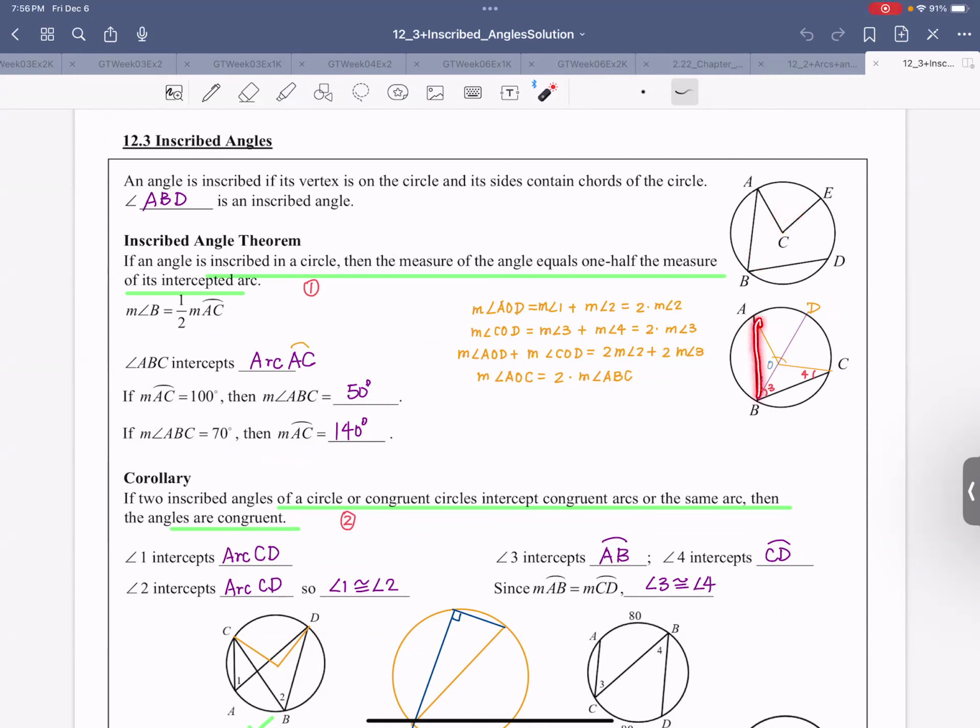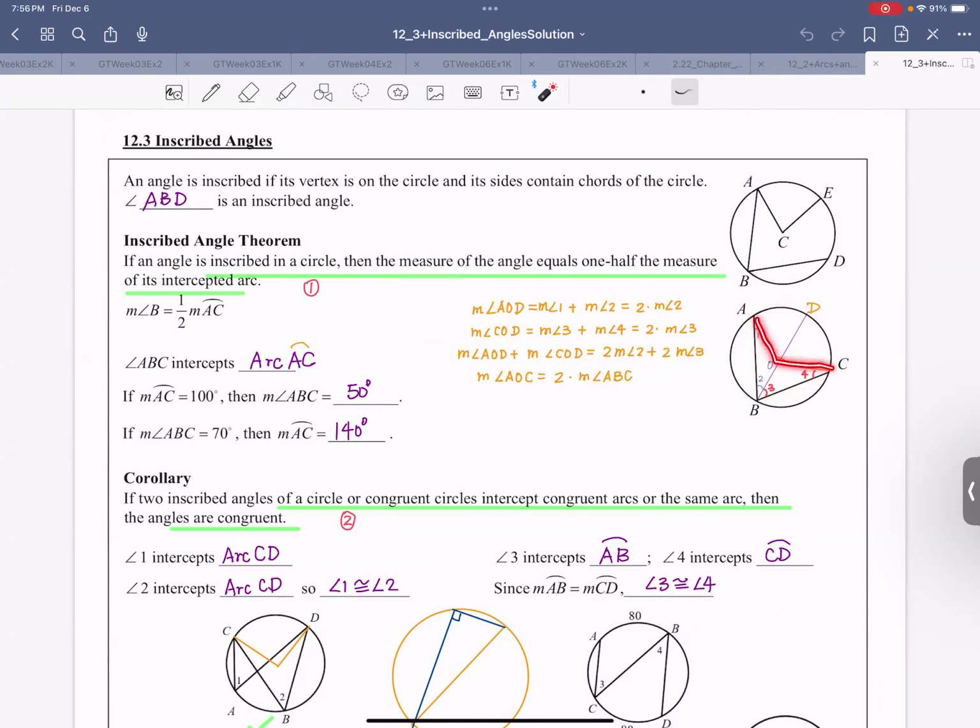Now we come to this. Keep reading, go. If an angle is inscribed in the circle, then the measure of the angle equals 1/2 the measure of its intercepted arc. You start to see some complex concepts. This inscribed angle is corresponding to this arc.